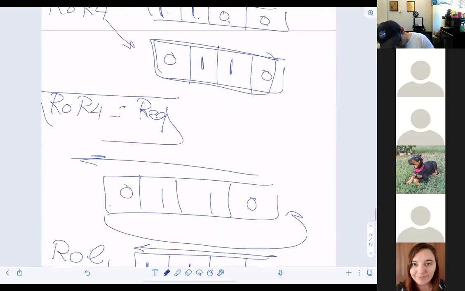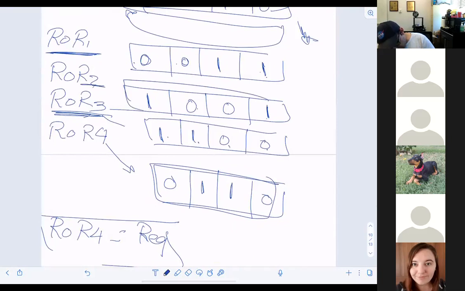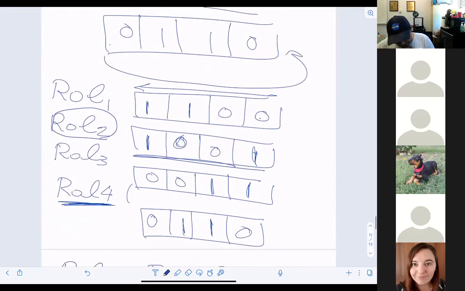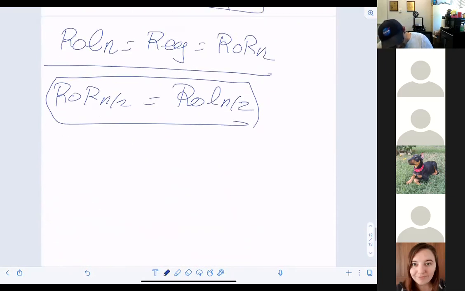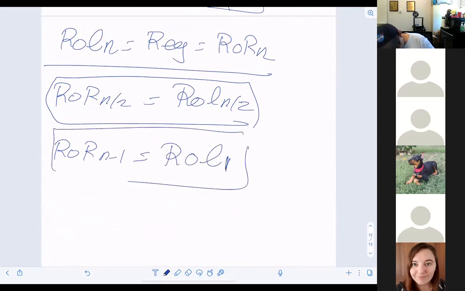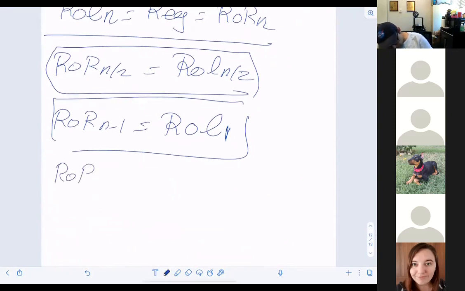Look at the fun: rotation right 1, what was the value? 3. And rotation left 3 is what? 3. Did you see that? So in that case, rotation right n minus 1 is equal to rotation left 1, and rotation right 1 is equal to rotation left n minus 1.